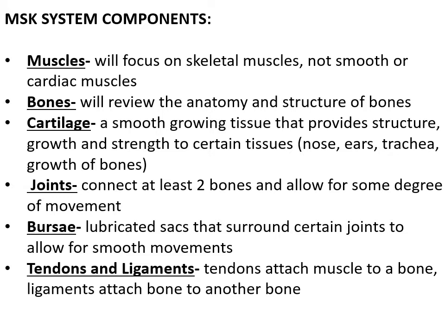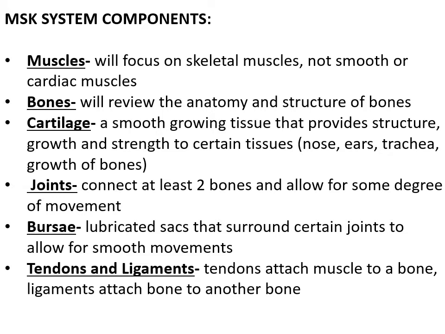Okay. Then bones. So the main structure and the skeleton of the body. We'll discuss the anatomy of bones first, and then get into talking about fractures and conditions of the bones.